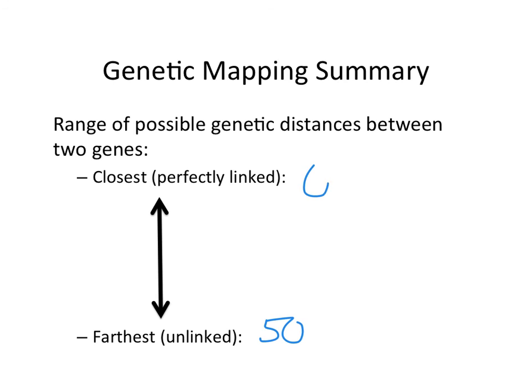So if 2 genes were physically absolutely right next to each other, maybe even on top of each other, which we can talk about if you're confused or concerned about the concept of genes being on top of each other, you would calculate 0 centimorgans, 0 recombinants, 0 crossovers between 2 genes. So this is the range we work in when we want to ask how far apart genetically are 2 genes. It's going to be somewhere between 0 and 50 centimorgans.